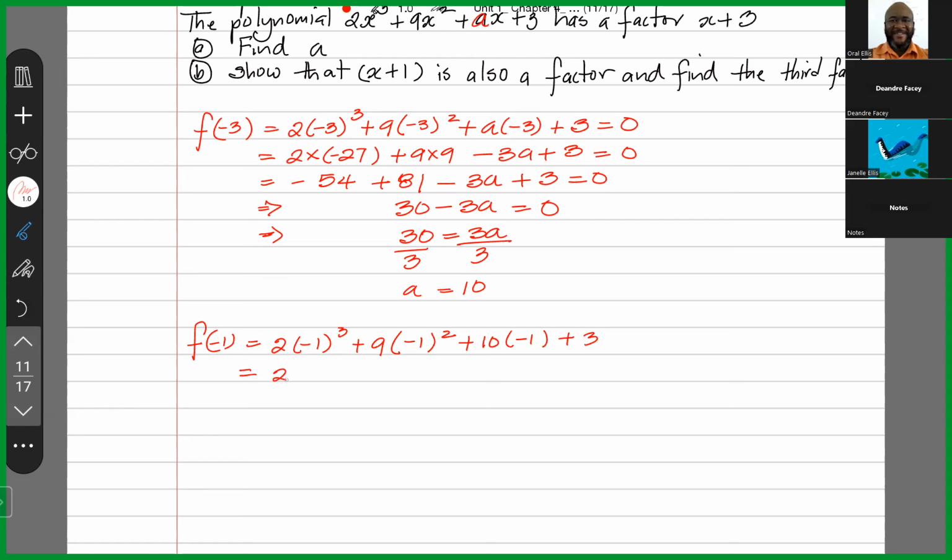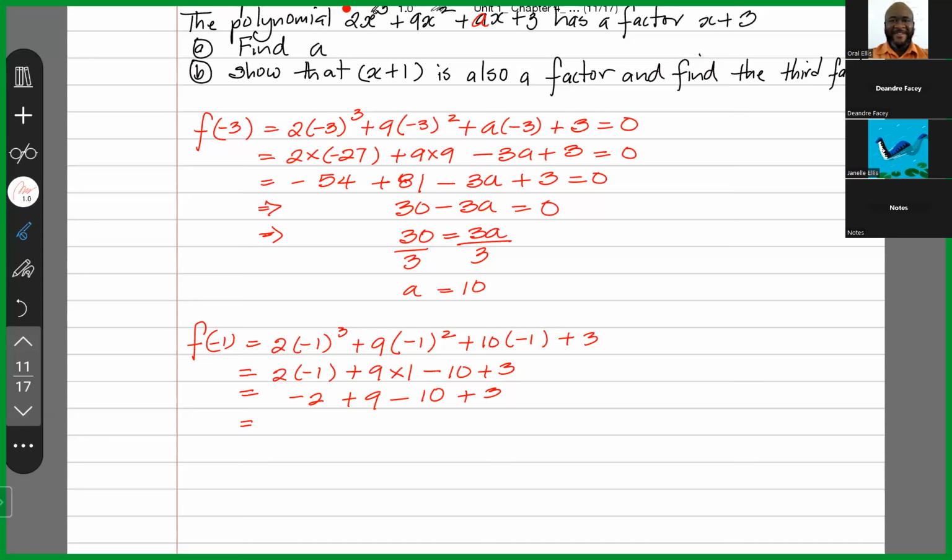This is 2 times minus 1 plus 9 times 1 minus 10 plus 3. So this is minus 2 plus 9 minus 10 plus 3.